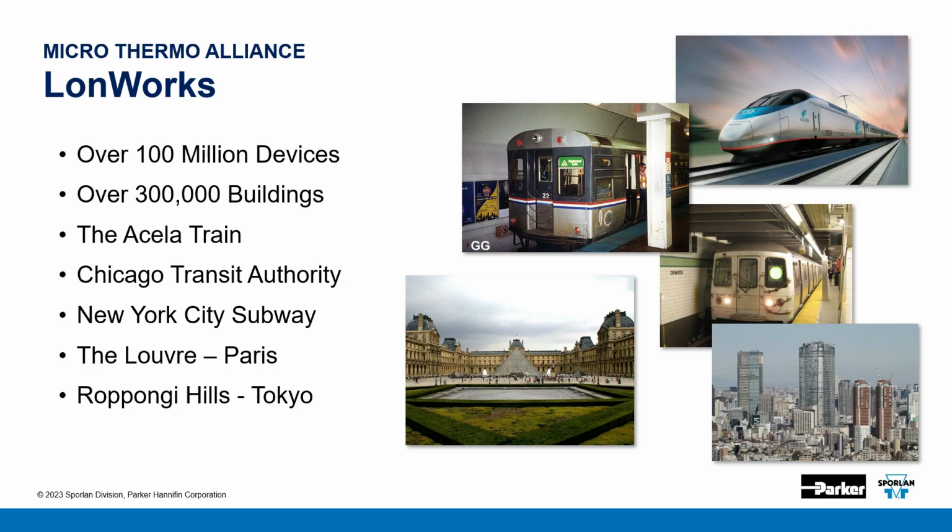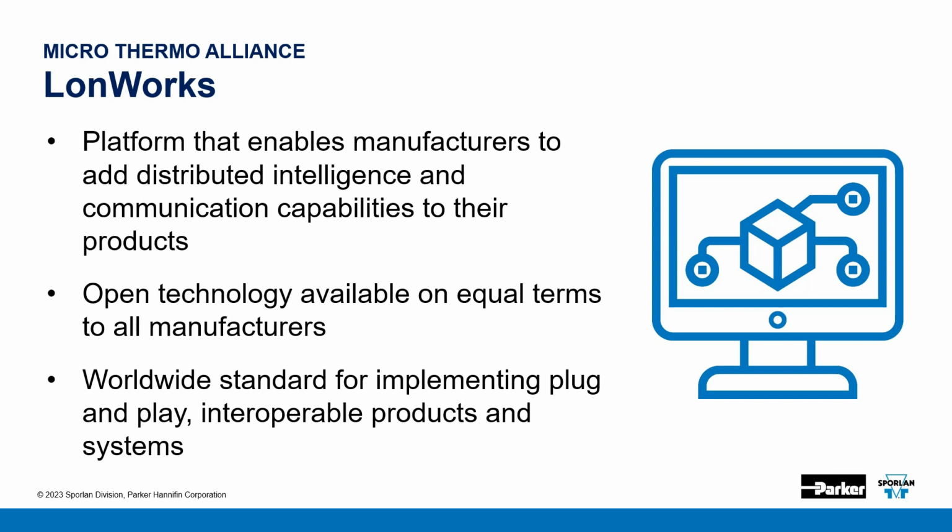Microthermo Alliance works on. So with Microthermo Alliance, we use LANWorks. It is a platform that enables manufacturers to use distributed intelligence and communication capabilities of all of their products and ties them together. It is an open technology available on equal terms to manufacturers all over the world, and it's a worldwide standard for implementing plug and play so we can deliver interoperable products and systems so that we can control other devices.